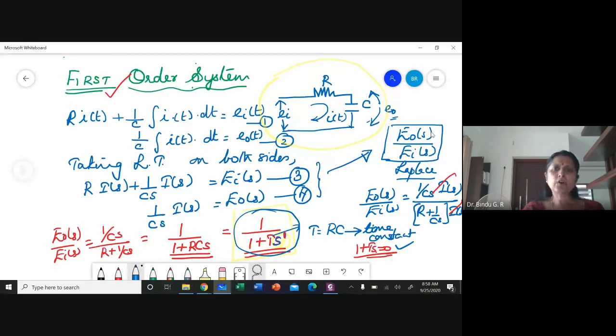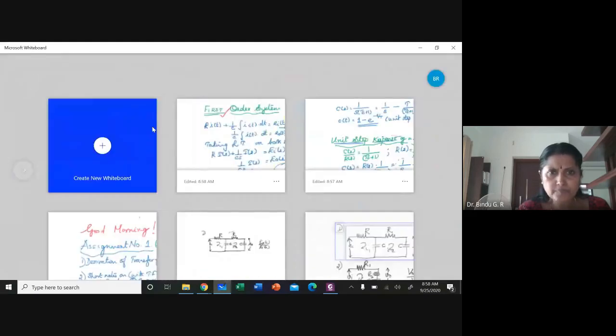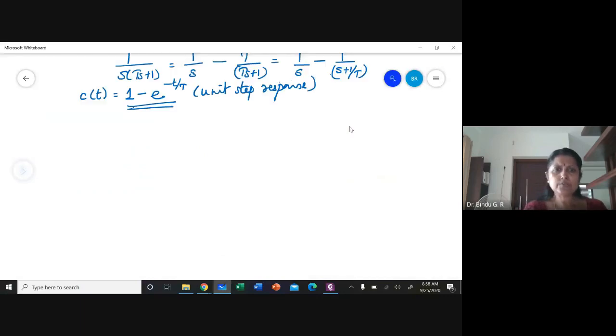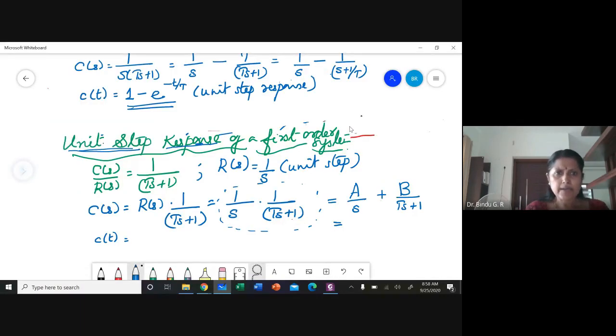Or you can even say the highest order of S in the characteristic equation is 1. And so it's a first order system. So the next thing that we did was to write it in the general form as C(s) by R(s) is equal to 1 by Ts plus 1.